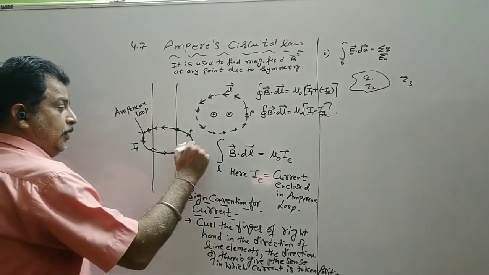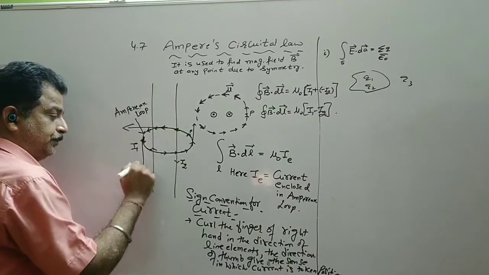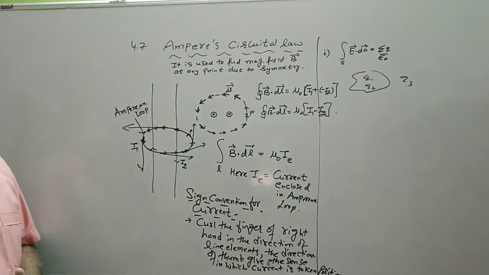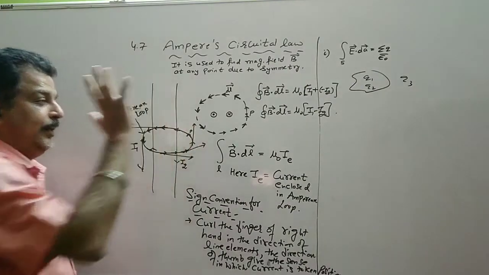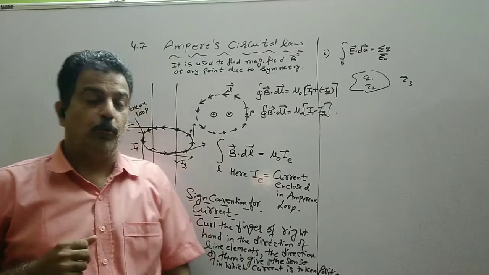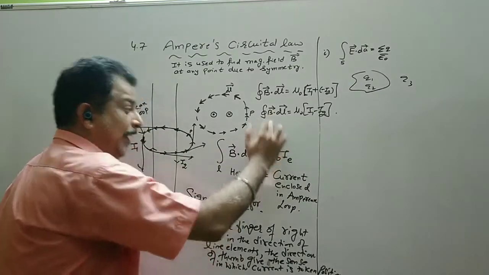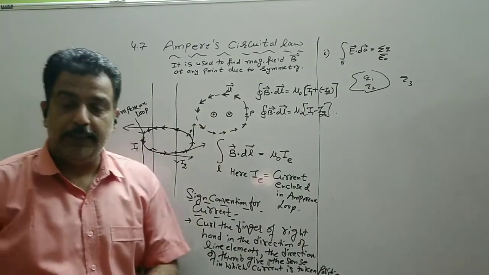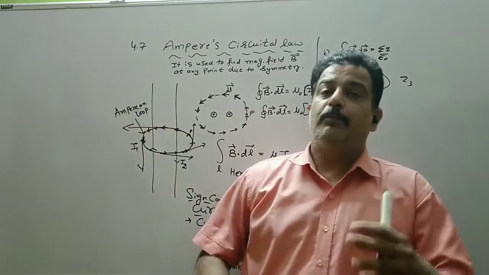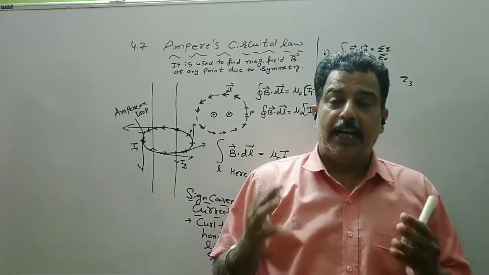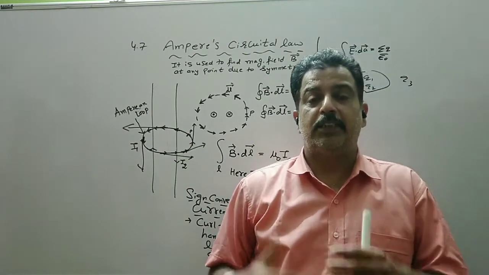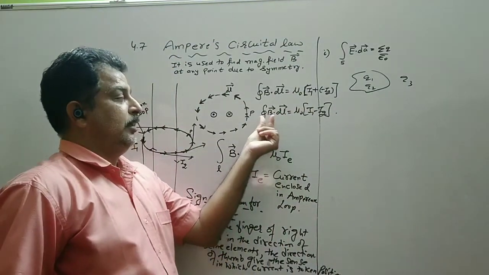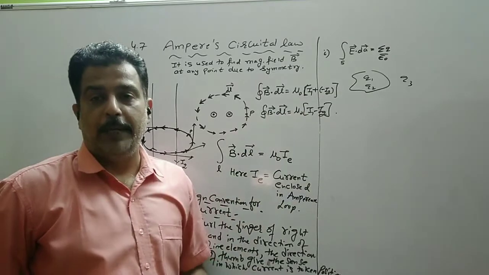If I consider B to be tangential, what will be the angle between dl and B? It will be 0, and cos 0 is 1. So it will be easier to solve this side. To remove this dot, it will be easier if the Amperian loop is taken in such a way that the magnetic field is tangential to the Amperian loop.